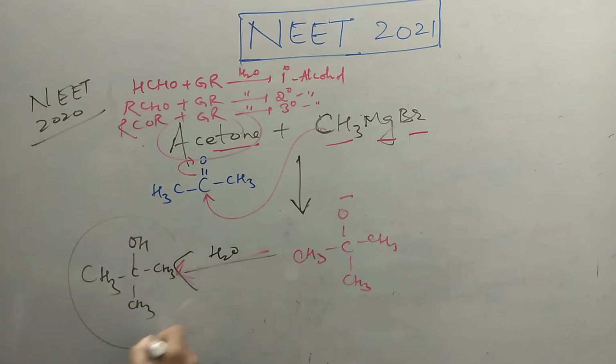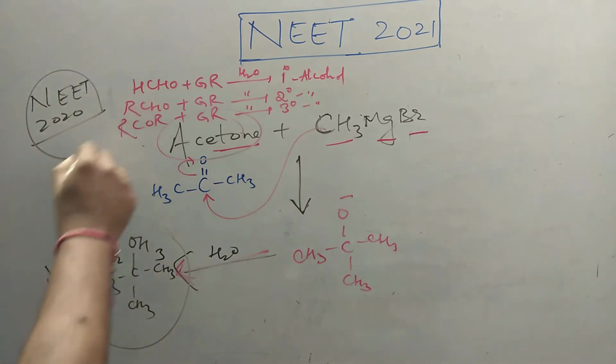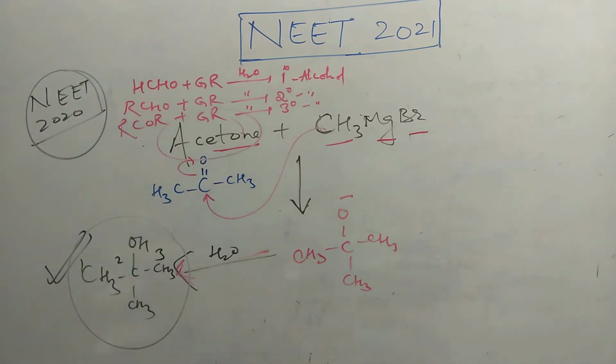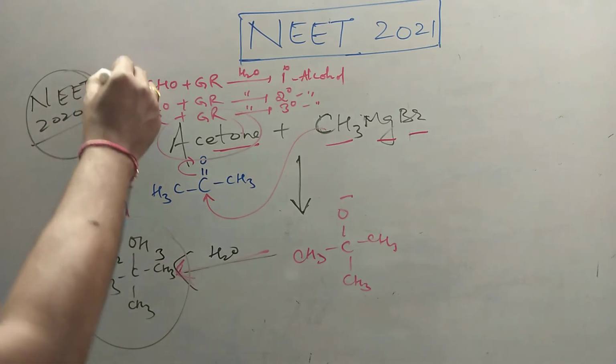So this will be the alcohol. It is called tert butyl alcohol, or you can write 2-methyl propane-2-ol. This is formed. This was asked in NEET 2020. So keep this in mind, student.